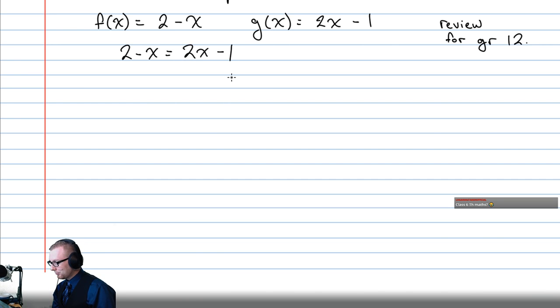Then you gotta move the 2x minus 1 to the other side. You could go either way. It doesn't matter. You know that, right? Yeah, I know. It will be negative 3x plus 3 equals 0.